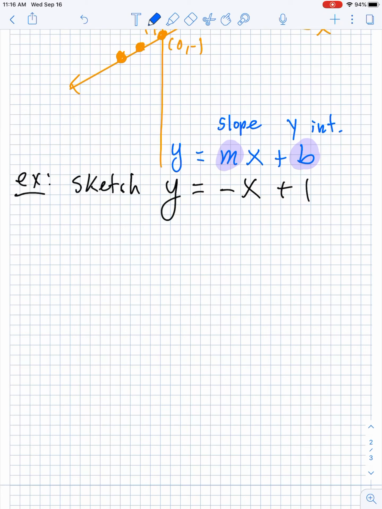So, in this case, our slope equals negative 1, and the y-intercept is positive 1, which is 0, comma 1.